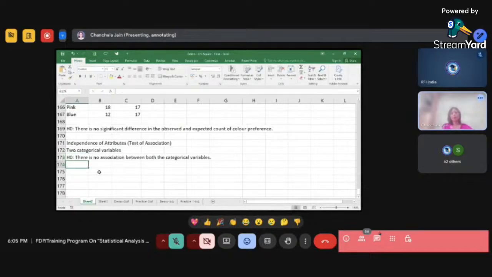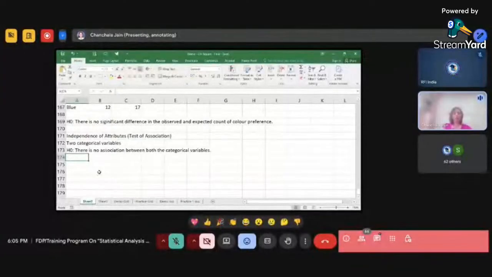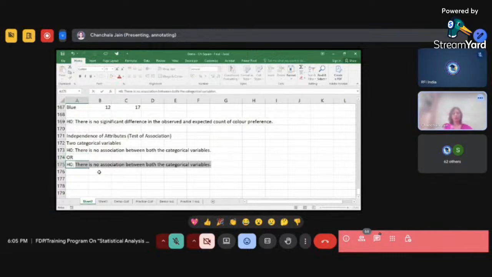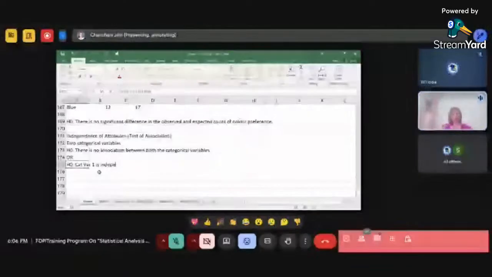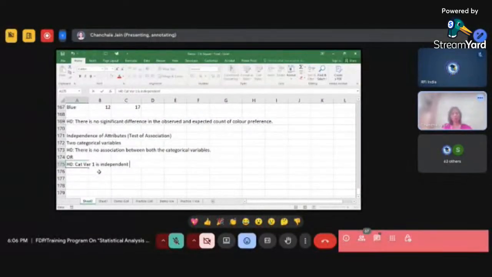Another way of writing it: categorical variable 1 is independent of categorical variable 2. I hope the hypothesis is clear.